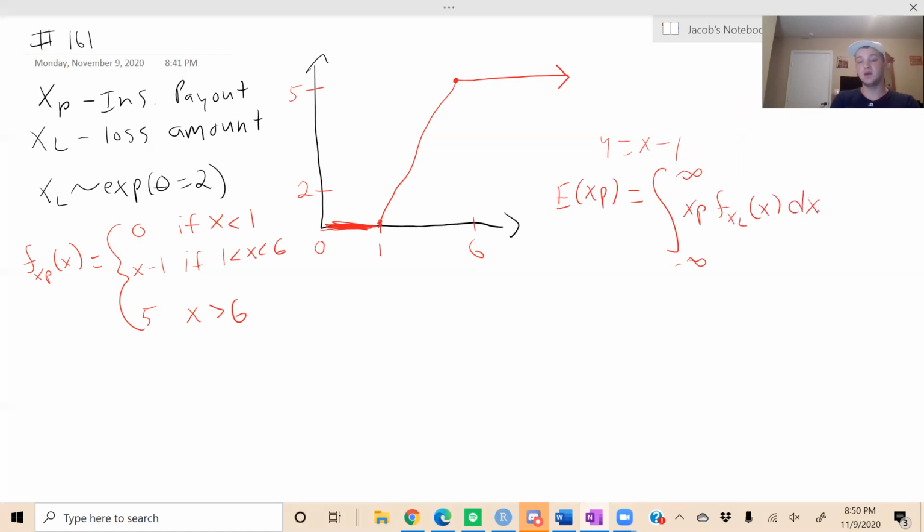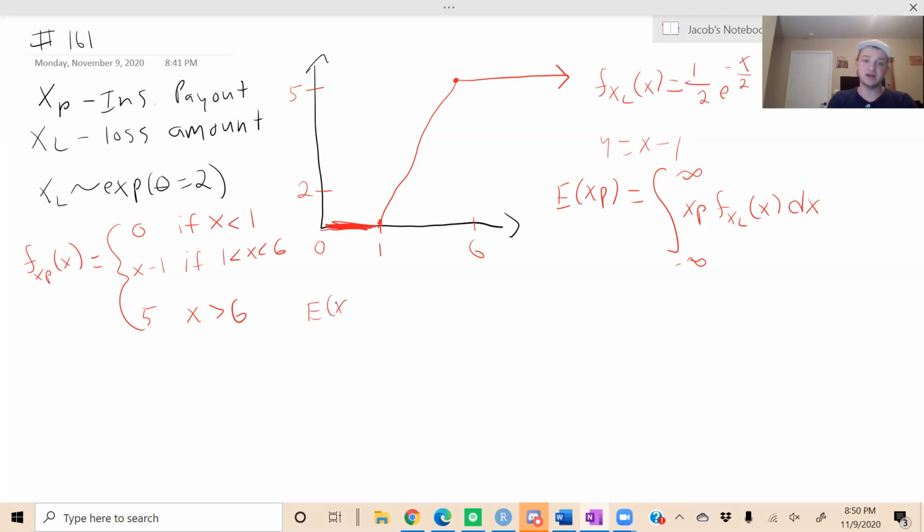I'm going to write the density of the loss function here. We know that the loss is exponential, and you can look up the density of an exponential on a formula sheet. In this case, it's 1 over 2 e to the negative x over 2. Now we have all we need to solve, so let's just get to it.